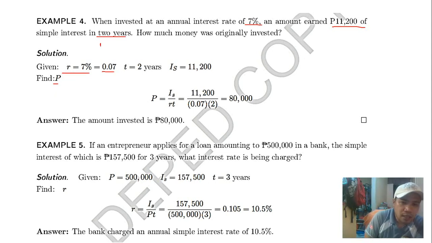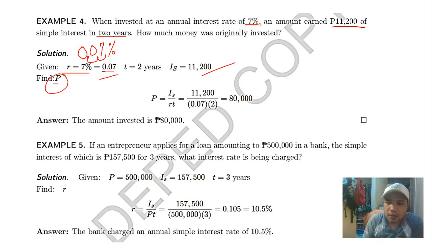Let's check again. 7%. 1, 2. So, 0.07. 2 years and 11,200 is given. Find P. This is our formula. P is equal to IS over RT. So, 11,200 divided by 0.07 times 2 is equal to 80,000 pesos. So, the amount invested is 80,000 pesos.